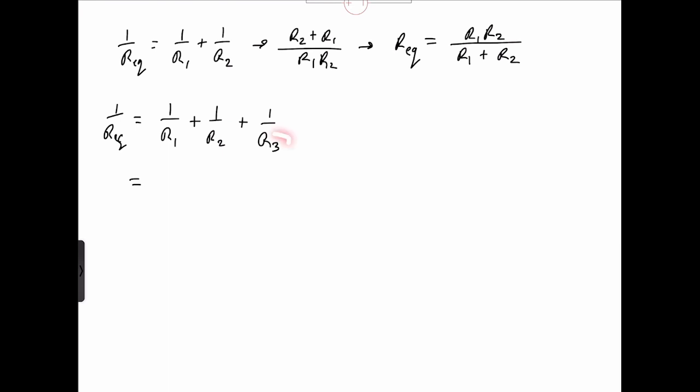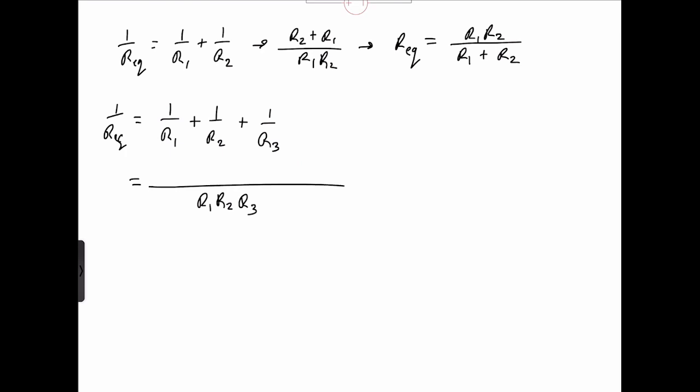We find a common denominator, which is going to be R1 times R2 times R3.